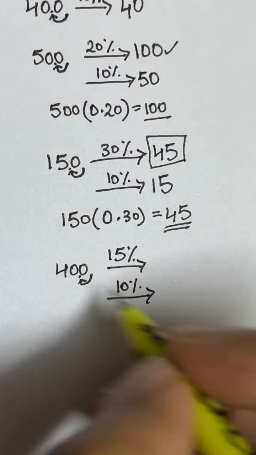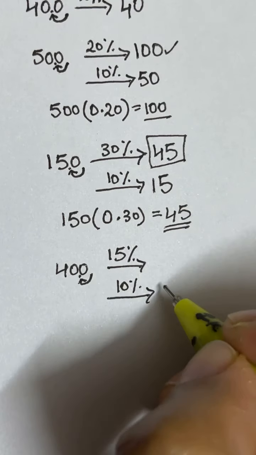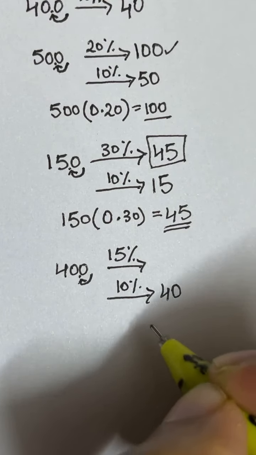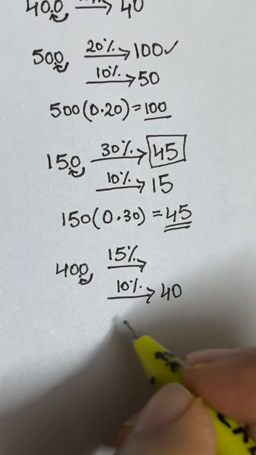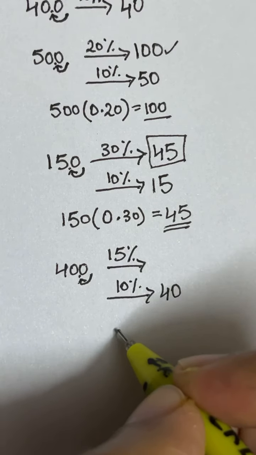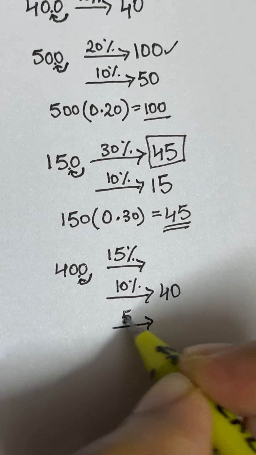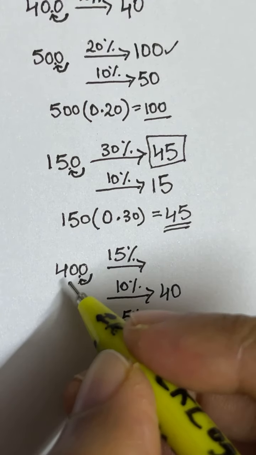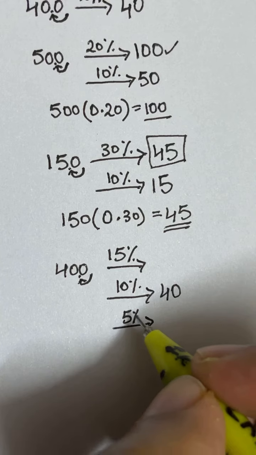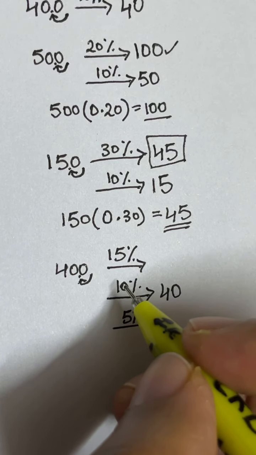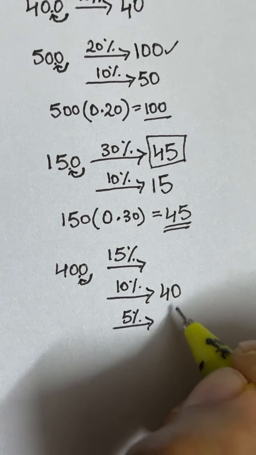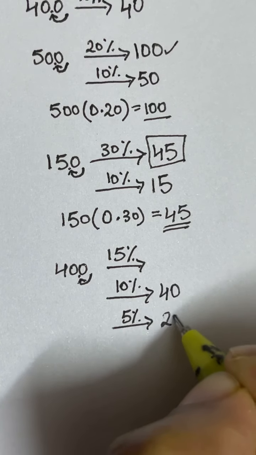So that means 10% of 400 is 40. And now we are going to find 5% because we need to have 15%. How are you going to find 5% of 400? 5% is just half of 10%. How amazing. Half of 10%. That means half of 40 is 20.